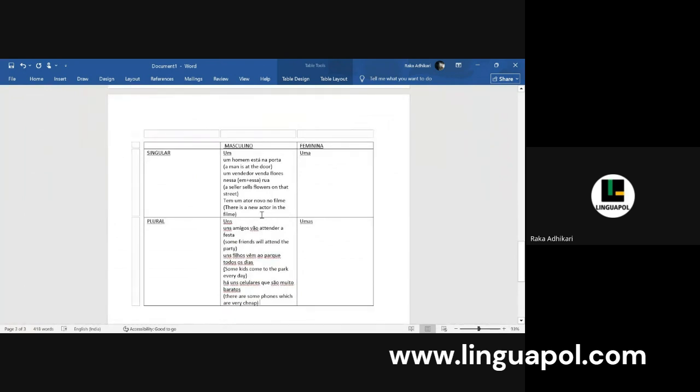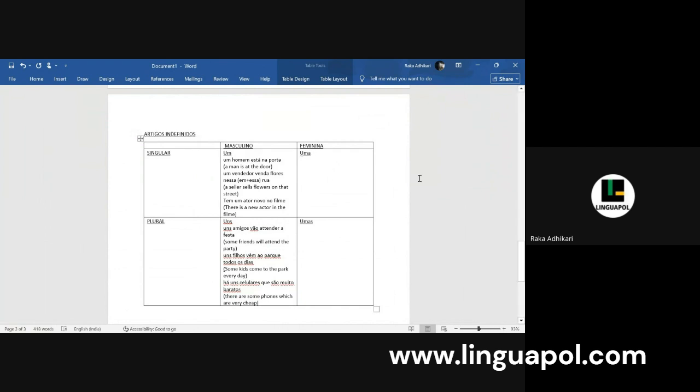So in this you can see every time we are talking about some object that is not defined. Maybe we are just introducing the object. We have not talked about that object before. This is the first time that we are introducing the object, and then maybe we are adding some specification to it, but it is the first time. So in these cases we use the indefinite article where the object is till now not defined.